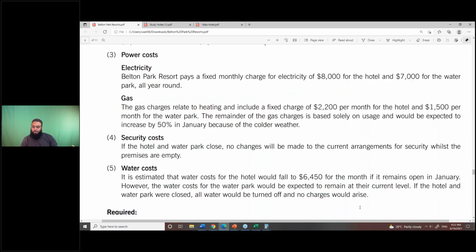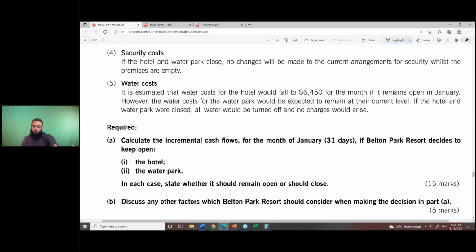The requirement is to calculate incremental additional cash flows for the month of January, considering 31 days, if Belton Park Resort decides to keep open. If they decide to keep open in the month of January, it means they want to take a decision whether we should keep the park open or not.